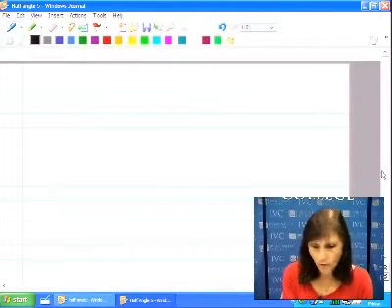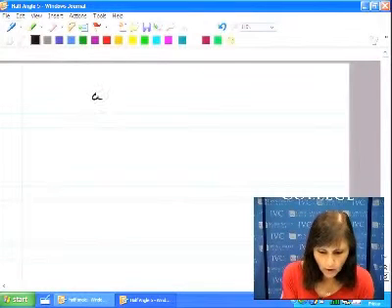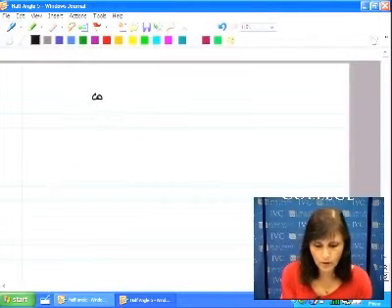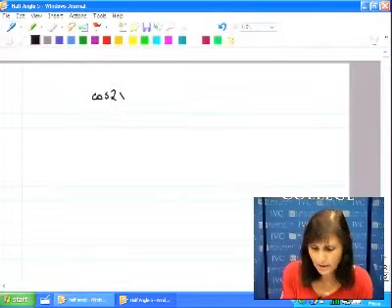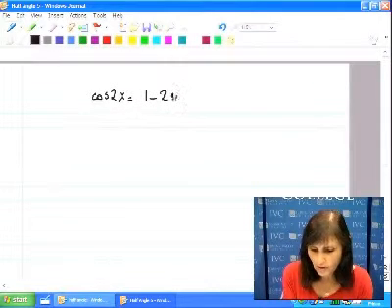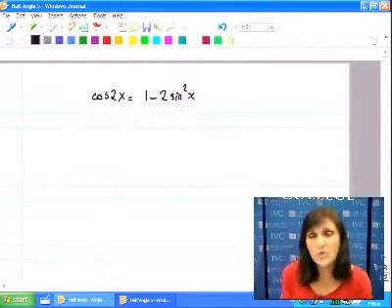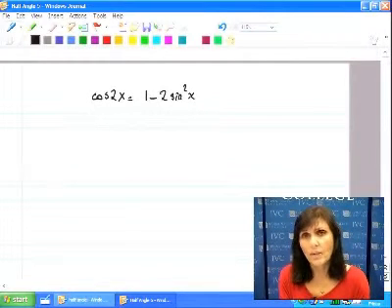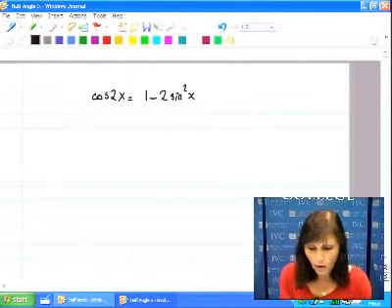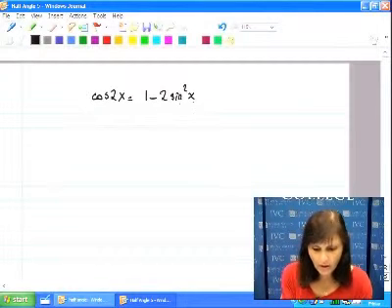Make sure that you watch the double angle formula video before you do this one. Cosine of 2x is 1 minus 2 sine squared x. We derived this formula when we did the double angle formula. Let's pull the sine squared x out of here.